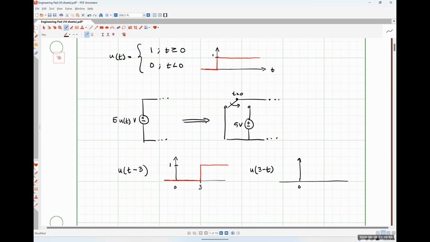So here's 0, here's 3, this is 1, so it would be high until we hit t is equal to 3, and then it would turn off. Okay. I'm bringing this up particularly because we're going to use this concept of an inverted unit step function, or one that's working backwards in time, when we get to some of our integrals and all of that kind of stuff later.